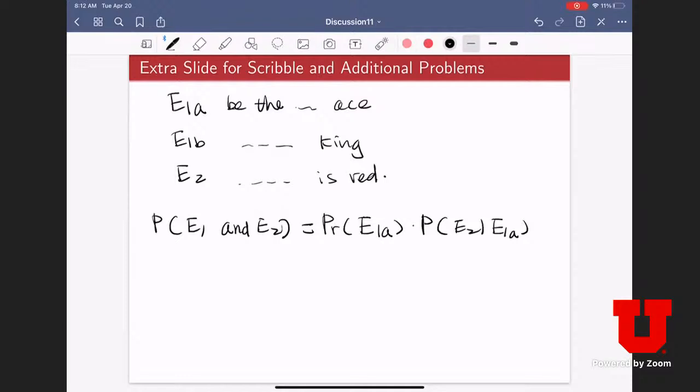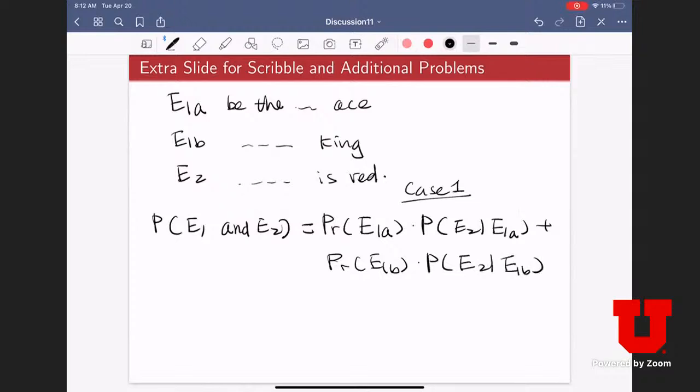That's your case 1. And then plus the probability of E1B, the first card is a king, times the conditional probability E2 given E1B.